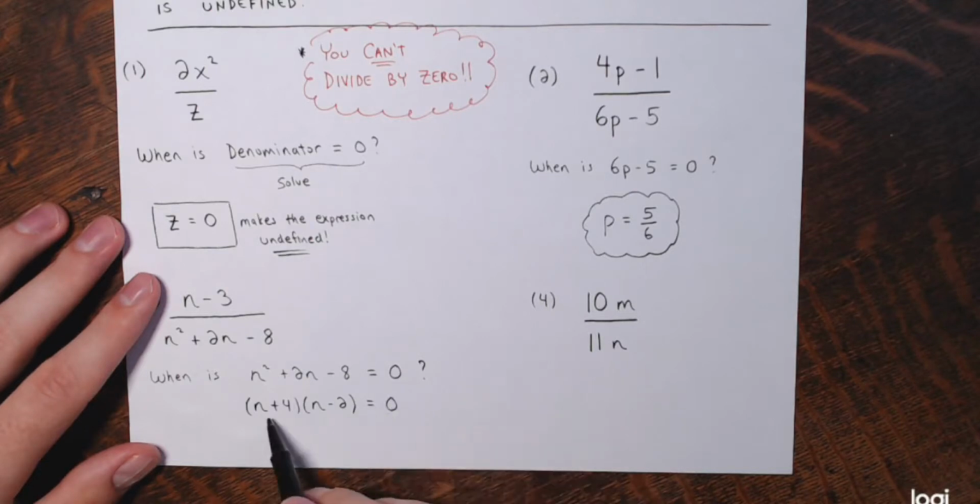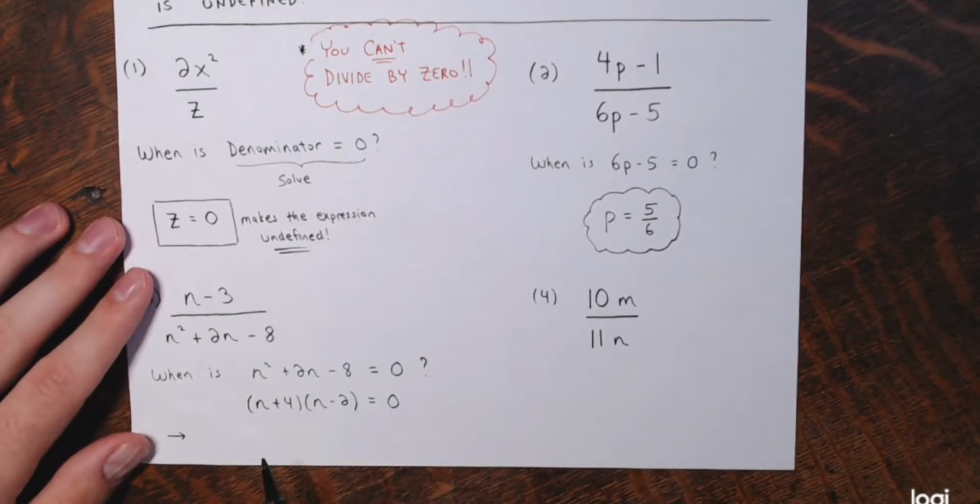And now we have a product equal to 0. And by that thing called the zero product property, right, the only time a product is equal to 0 is when one of the factors is 0. So either n plus 4 equals 0 or n minus 2 equals 0, and then you're solving each of these. So n equals negative 4 here, and I'll circle that.